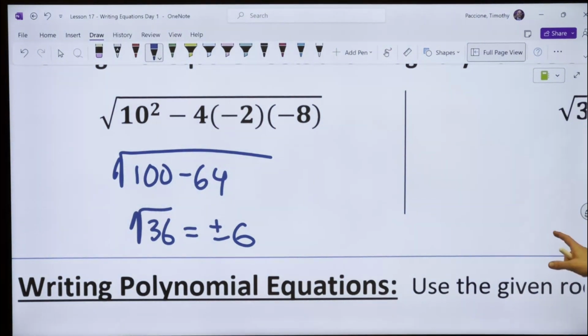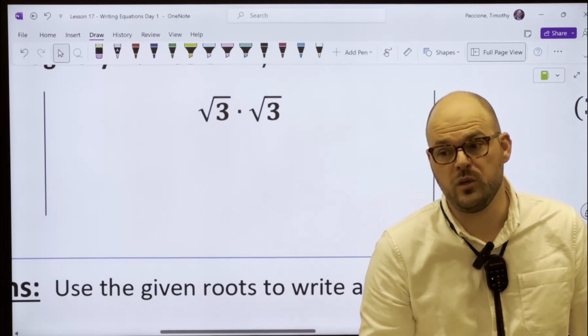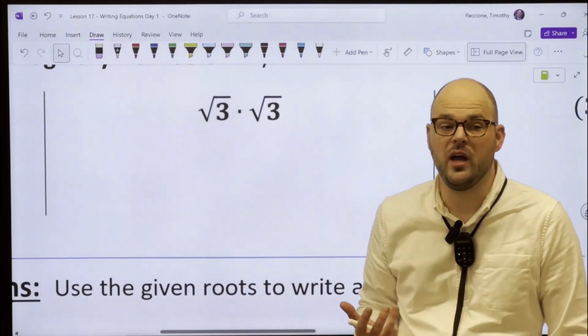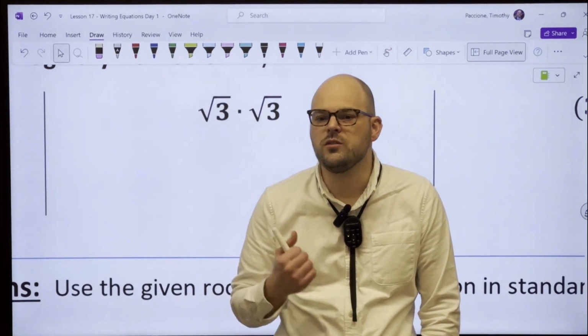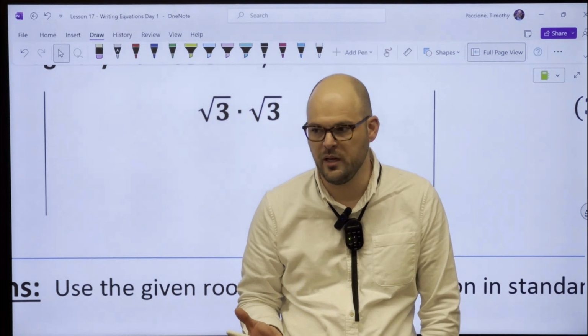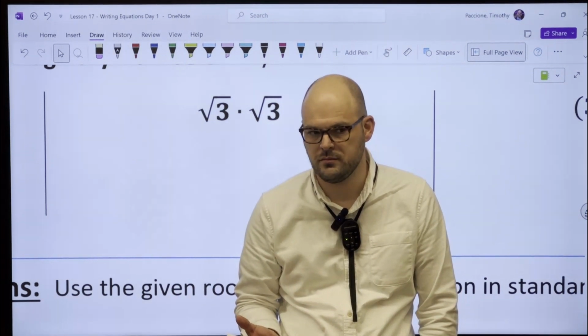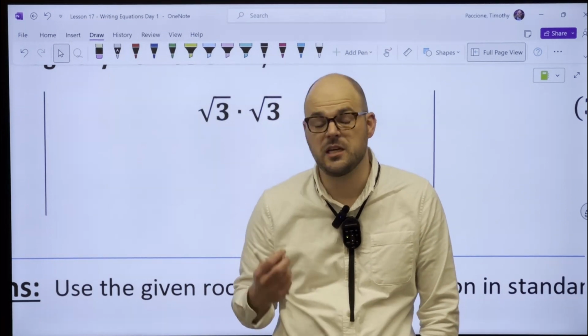Now, this one's a little tricky, or not. You could just remember when you have the square root of something times itself, it's what? Yeah. Question? Okay. When you have the square root of 3 times the square root of 3, it's just what? Anybody know? Square root of 1? No. When you have the square root of something times itself, it's just the number underneath.